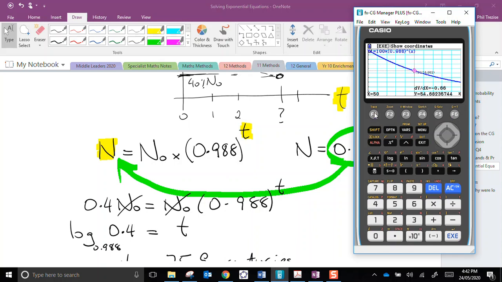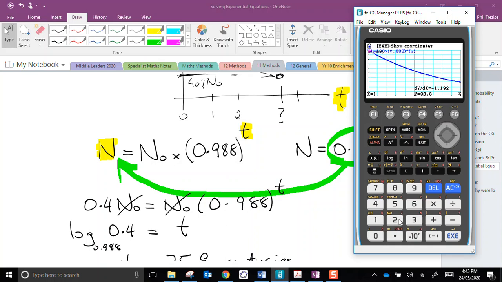If I press the trace function here, and I just press 10, so 10 centuries later, I meant to do 1 century, didn't I? Just 1 century later, just a teeny little step. Look at that, we're at 99.8 atoms, because that's the 1.2% reduction.